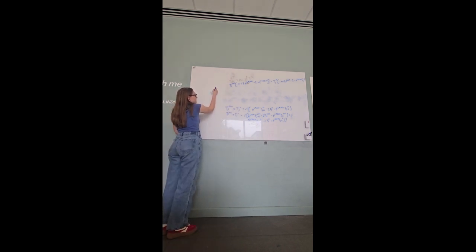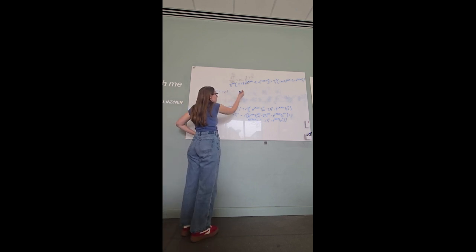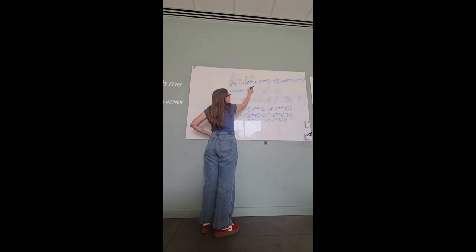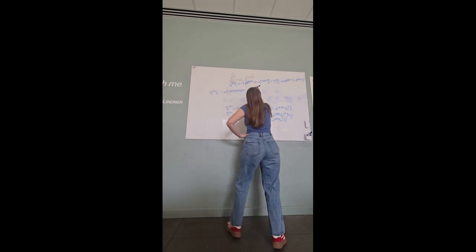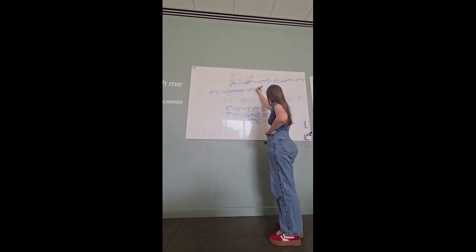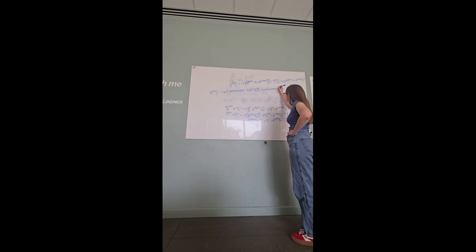So I have T_j^(n+1), and then I have 1 minus R, and then I have 2 cosine of k delta x minus 2, and then I have this equals T_j^n, 1 plus R, and then cosine of 2 k delta x minus 2.